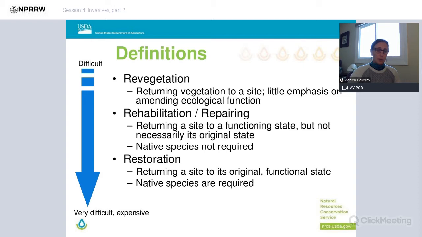So today we're mostly going to be talking about revegetation. In a couple of places I'll be talking about rehabilitation, and I'll try to point that out. And generally I want to point out that as we move from revegetation to restoration, it becomes more difficult to be successful in your project, and it also becomes more expensive.